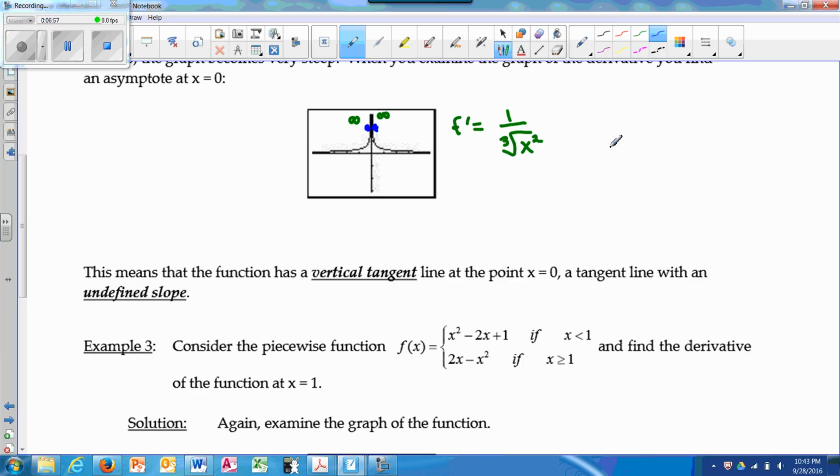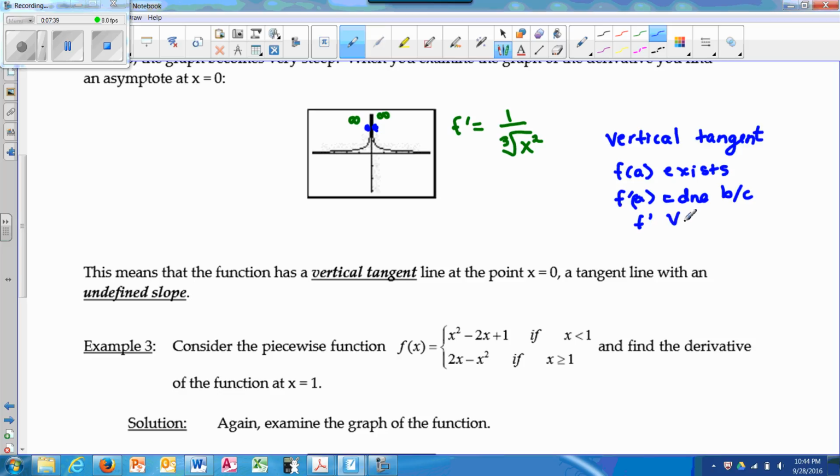Try not to get confused, though, between having a vertical tangent and a vertical asymptote. A vertical tangent is when f of a exists but f prime of a does not exist because f prime has a vertical asymptote.